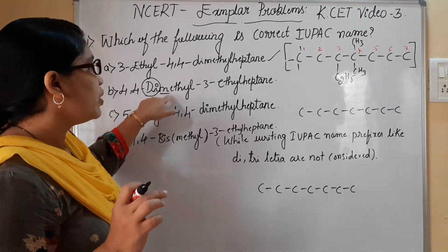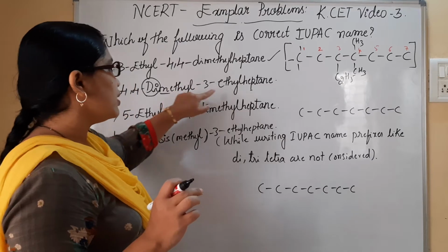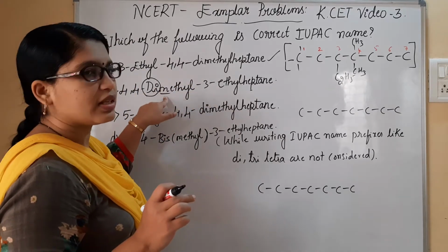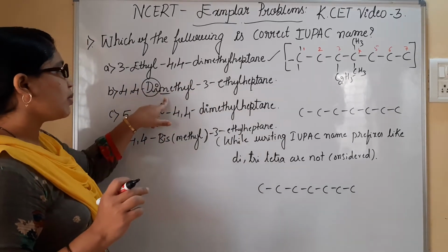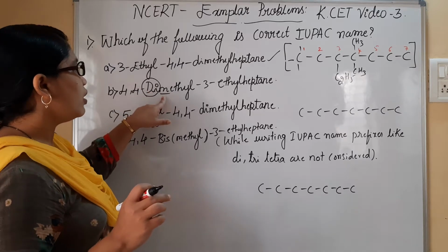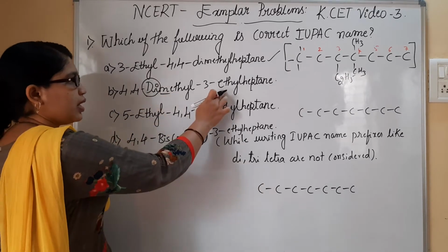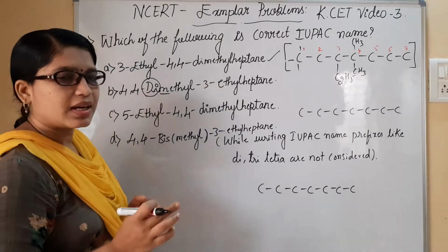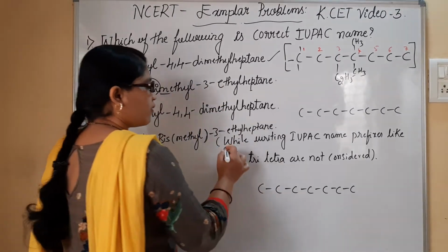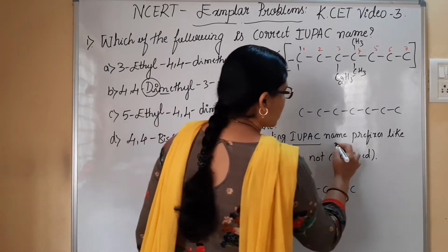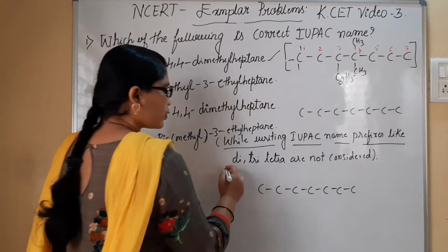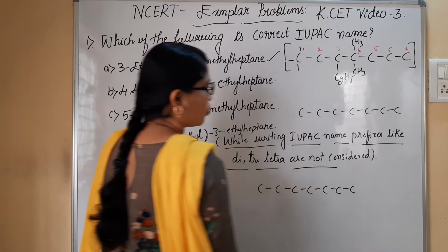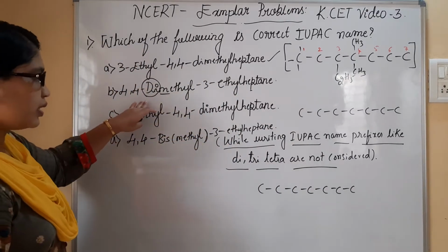So it is M, and here it is E. In the sense E would have come first, but M is coming first, and as M is coming here, it would have got a lower number. In the sense ethyl will be getting the higher number, but that is not happening here. So while writing the IUPAC name, prefixes like di, tri, tetra are not going to be considered.